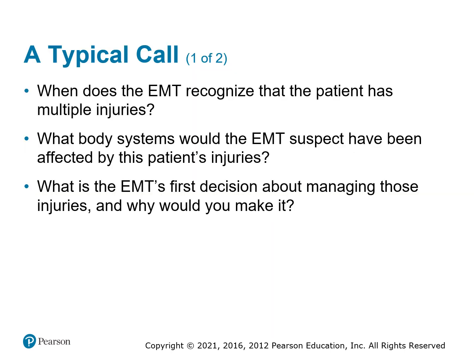So, a typical call. On page 1003 of your book, there's a scenario. The scenario is a 25-year-old male motorcyclist who was involved in an accident, not wearing a helmet. The rider was found about 20 feet away from his motorcycle.